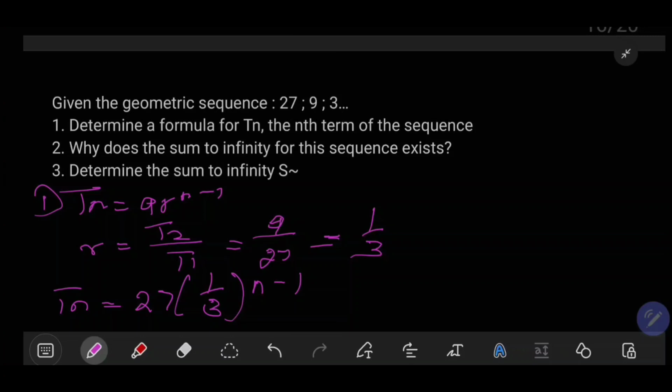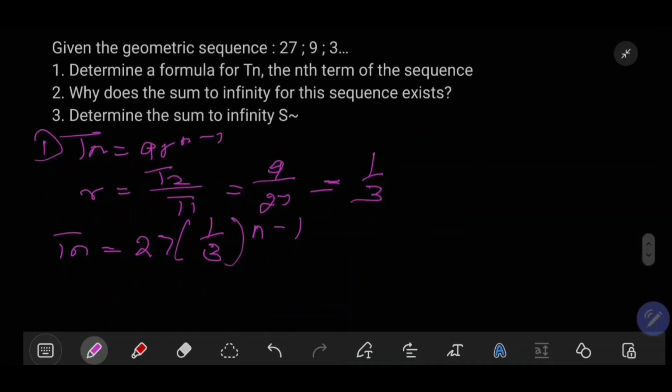Straightforward. Number 2: why does the sum to infinity of this sequence exist? The sum to infinity of a sequence will exist if and only if the sequence converges, and when the sequence converges, we know that r must lie between -1 and 1.